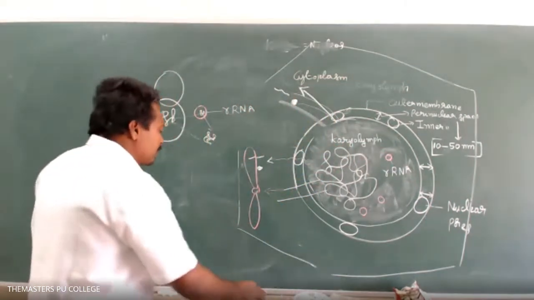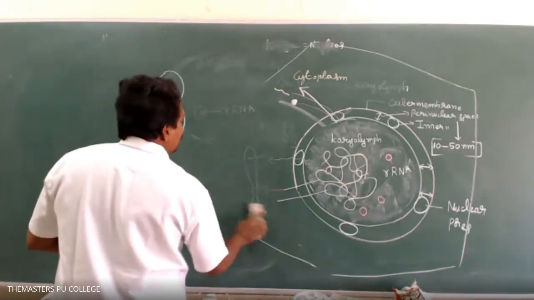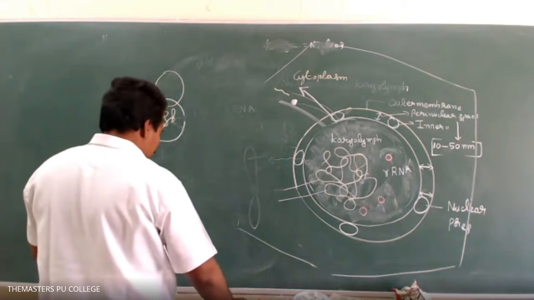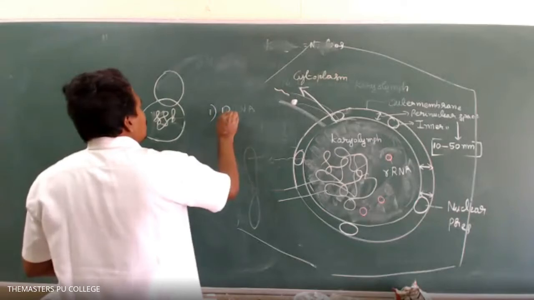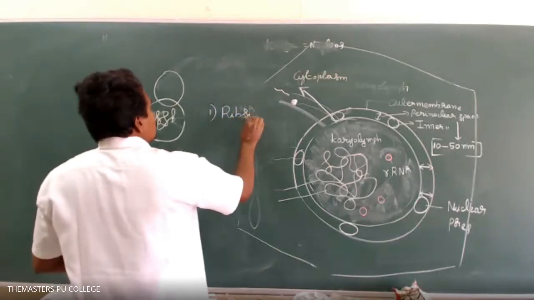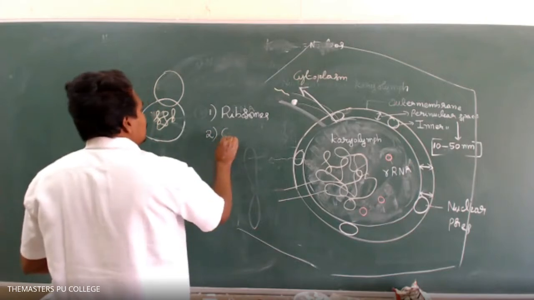Which of the following structures is involved in the synthesis of ribosomal RNA? Option 1 is ribosomes. Option 2 is centrosomes.